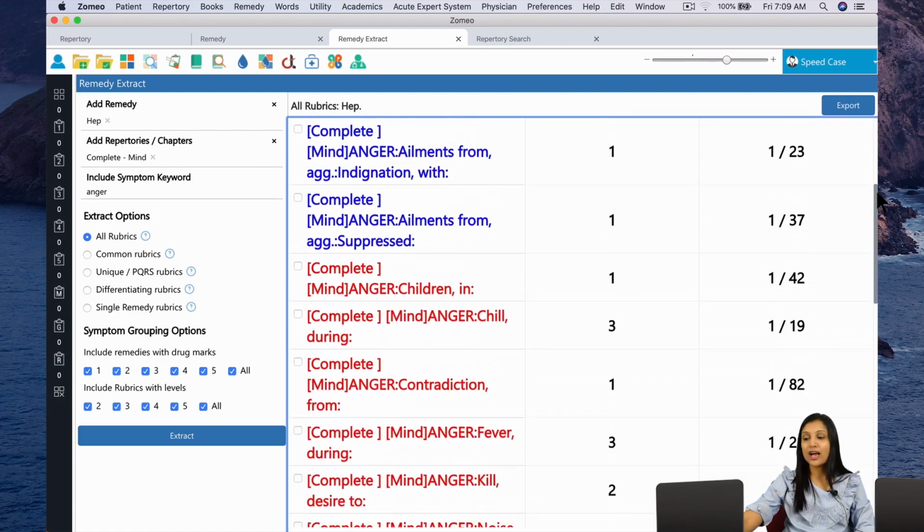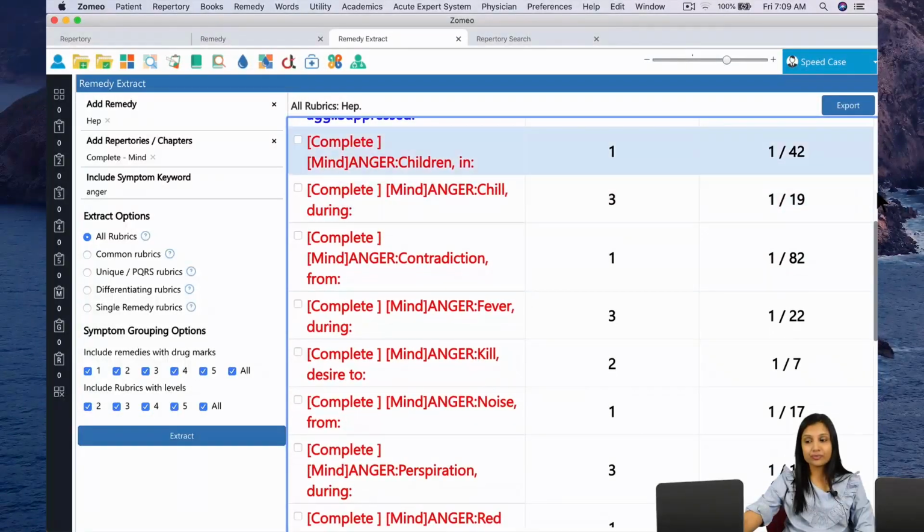Now look at this, anger in children. Now how will you recognize a Hepar child? A Hepar child will be needlessly mean whenever it is angry.